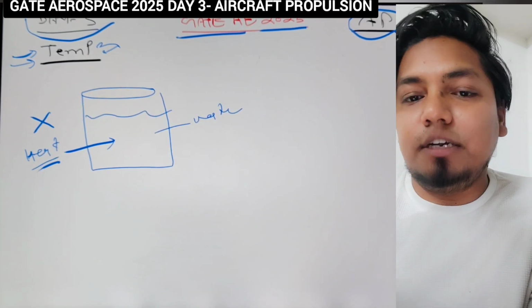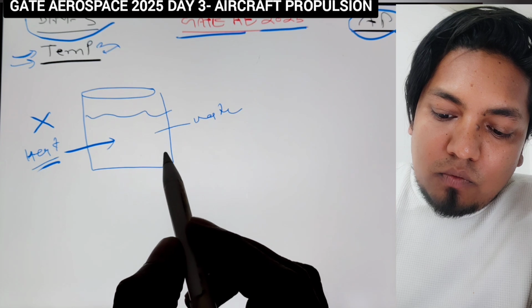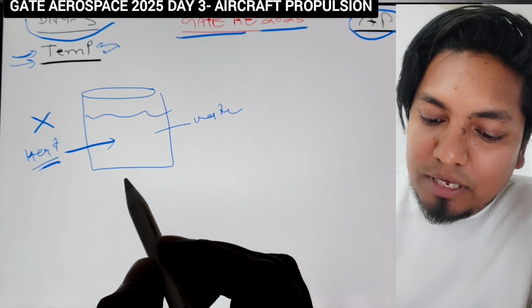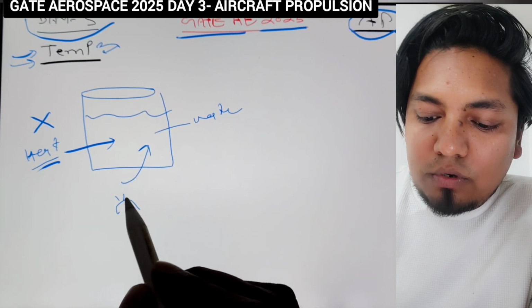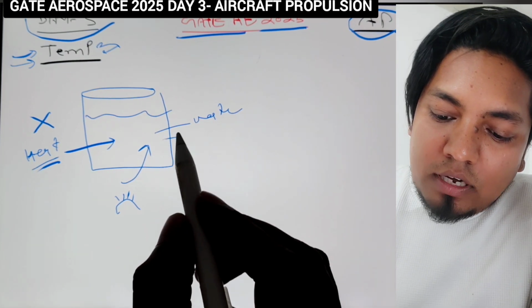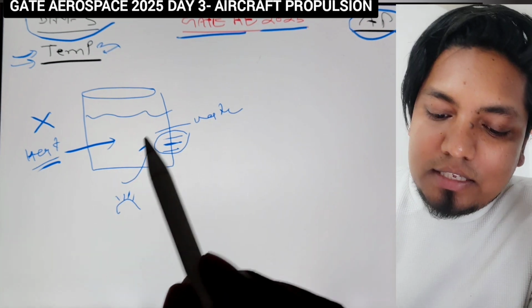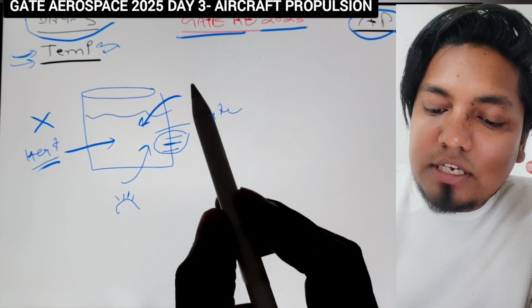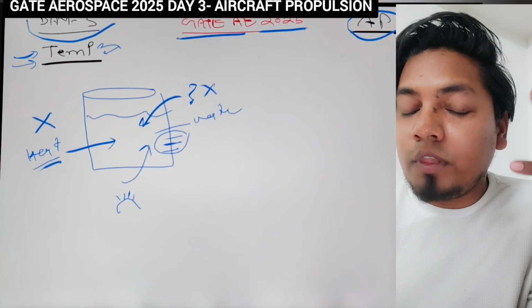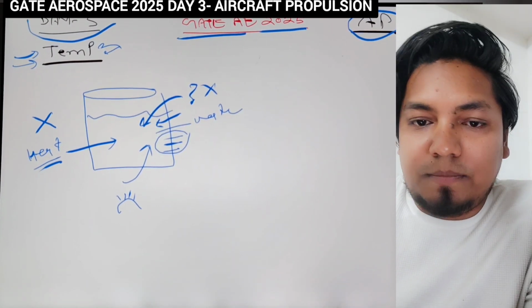This is a wrong statement. Now I can say how much heat is being transferred from an outer source to the water. That is correct. What is the level of temperature here? That is also correct. You cannot ask what is the heat of the water. That is wrong. But you can ask what is the temperature of the water.